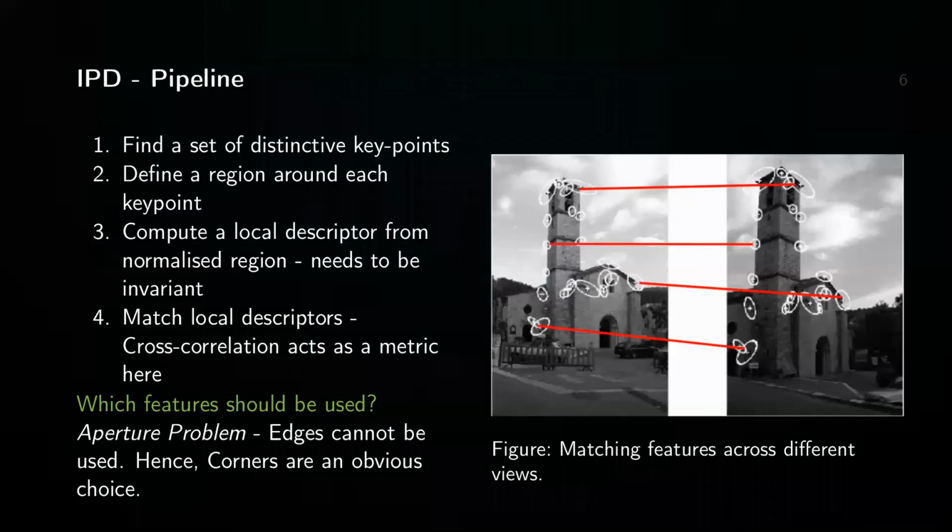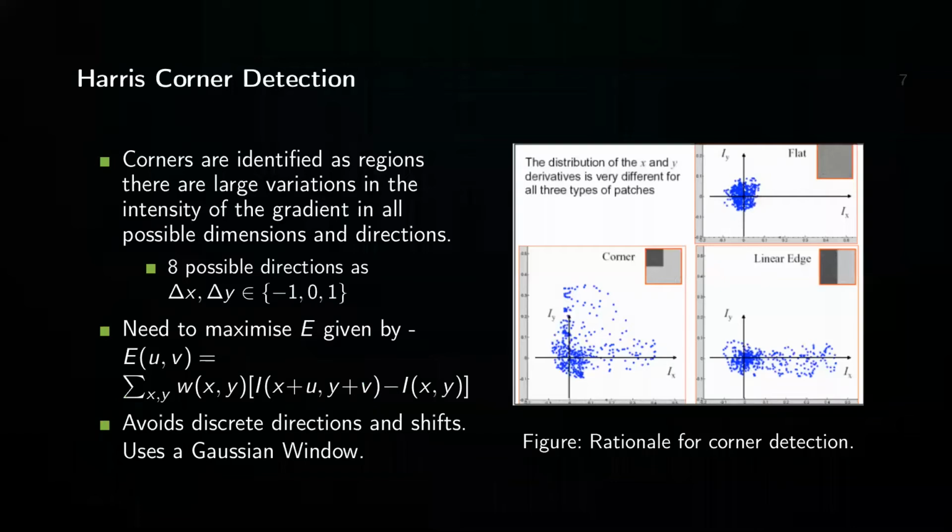So let's continue with our first method of corner detection, which is Harris corner detection. Here, corners are identified as regions where there are large variations in the intensity of the gradient in all possible directions. Note that there are 8 possible directions. And we need to maximize this function E, which is given by the multiplication of the window function with the difference in intensities over all directions.